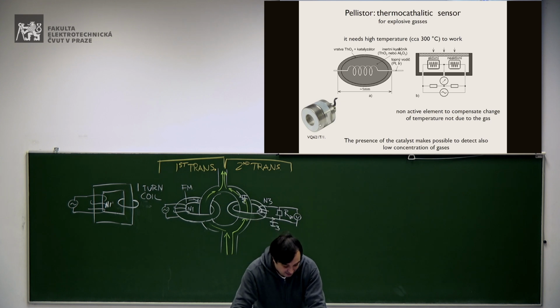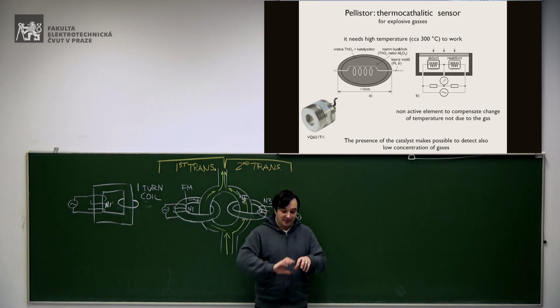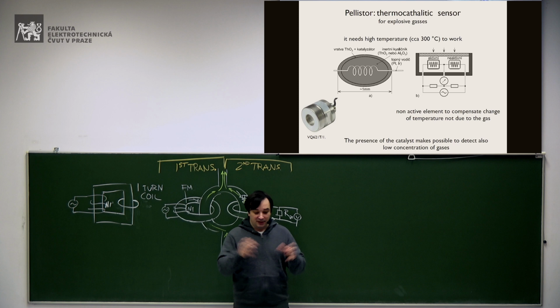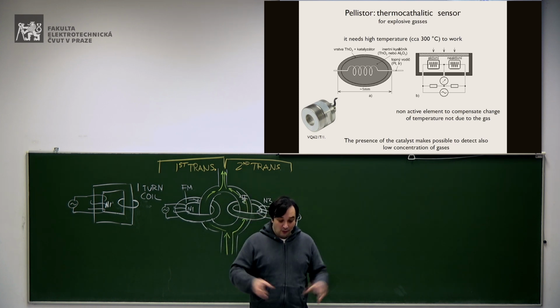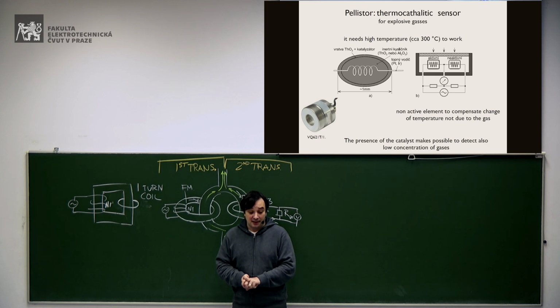Maybe you can see it in this example I've put here. This is a typical industrial Pellistor. You can see at the center the place where you have this grid. In this industrial one you see this screw, a standard dimension, that you can screw onto the volume where you have to measure the presence of these gases.